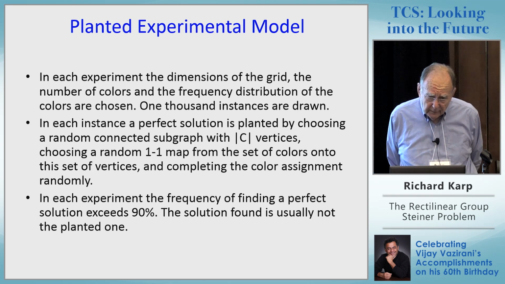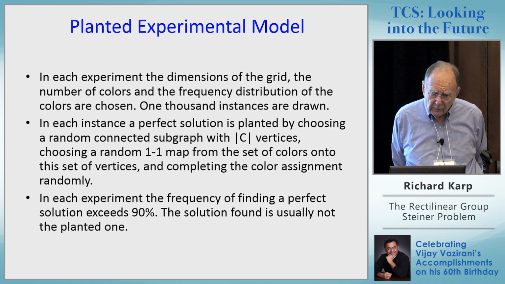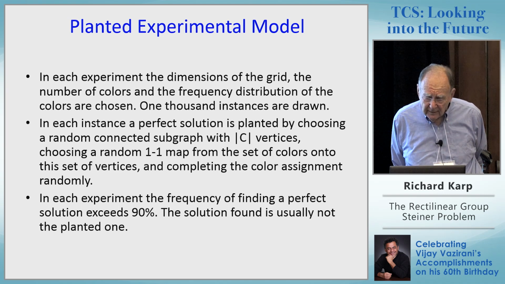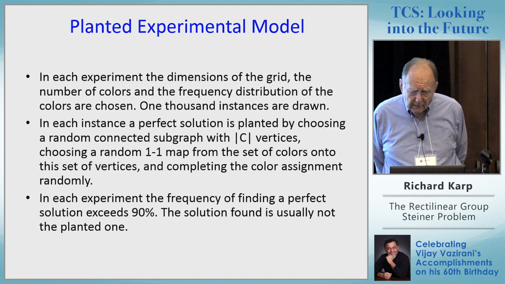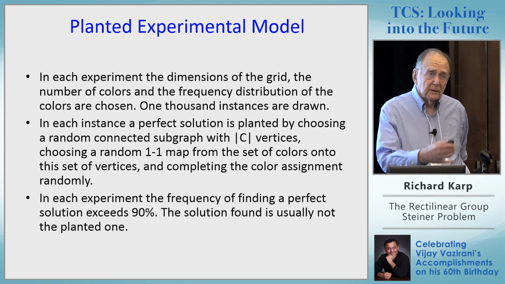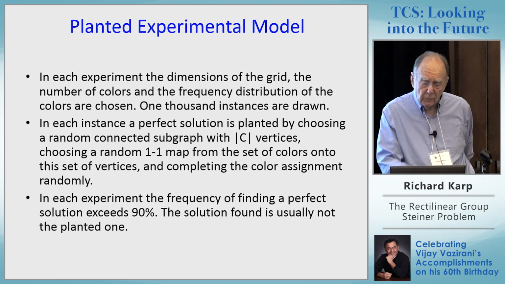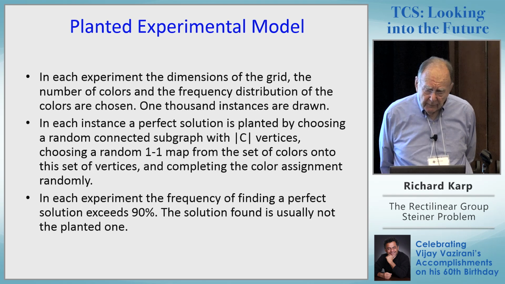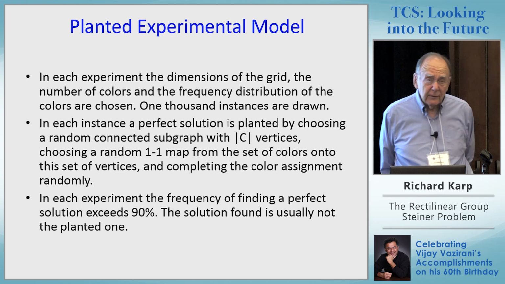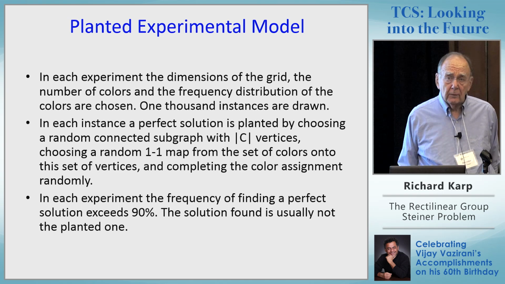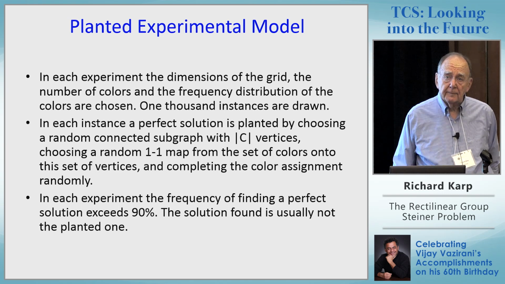So briefly, in each experiment, the dimensions of the grid, the number of colors, and the frequency distribution of the colors are chosen. 1,000 instances are drawn. In each case, a perfect solution is planted. And we find that in each experiment, where the experiments differ according to the frequency distribution of the colors, the frequency of finding a perfect solution exceeds 90%. And there were some refinements of the algorithm that could be used to push this 90% higher.